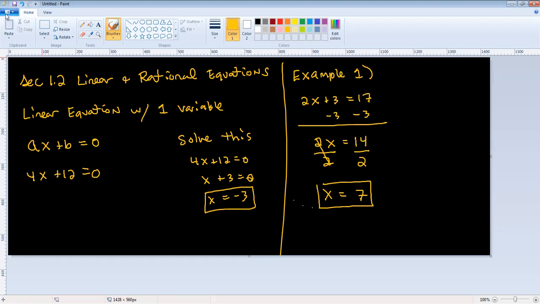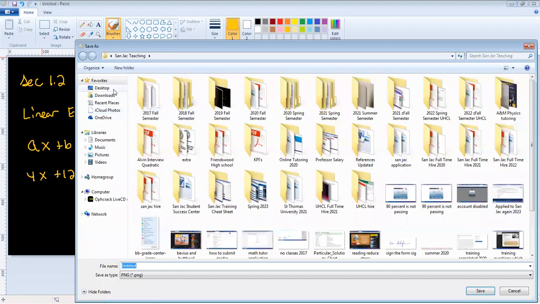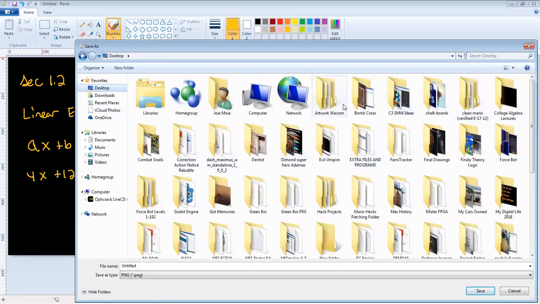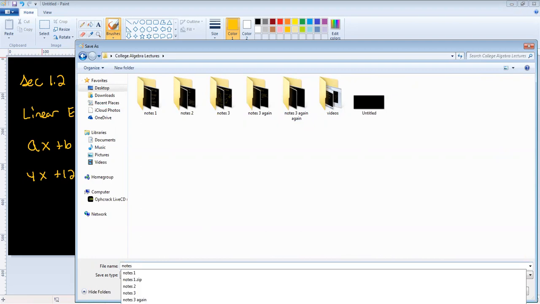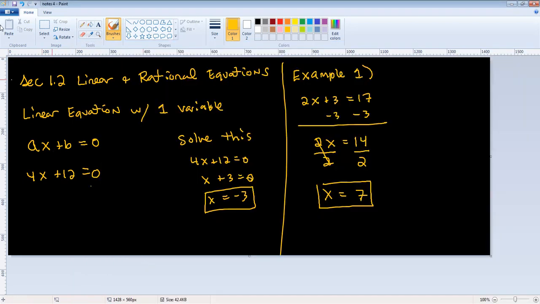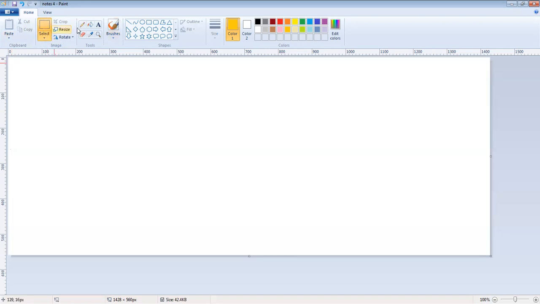Okay, and let's see if I can find out where I put these. Okay, we'll call this notes 4. Okay, and also I'm going to highlight the whole thing, cover it in black.